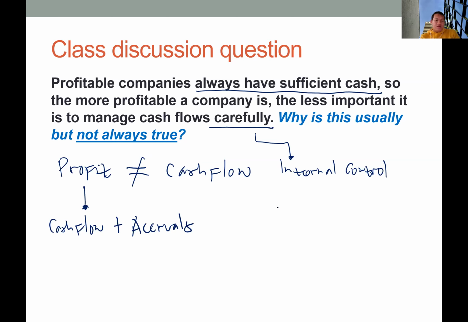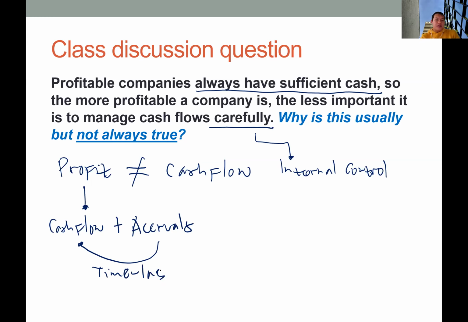One more criterion to evaluate the quality of a financial report is that investors will typically look at the time lag for accruals to transform into cash. How long will these accruals take to transform into cash? This is the time lag.